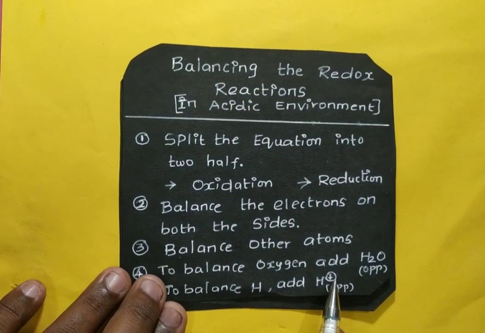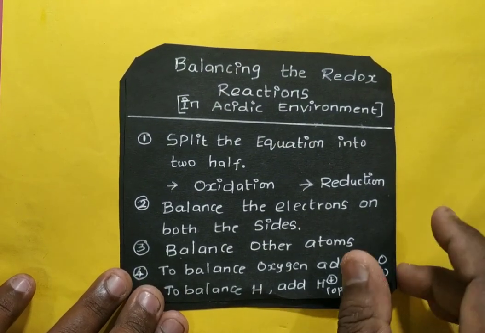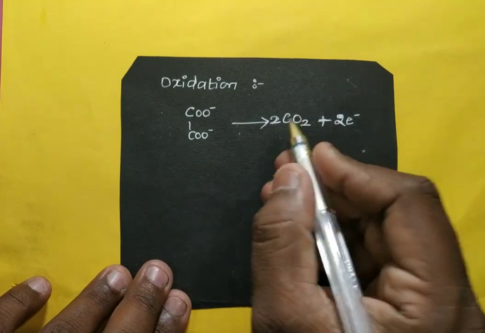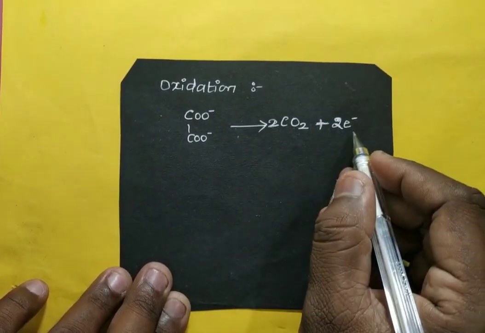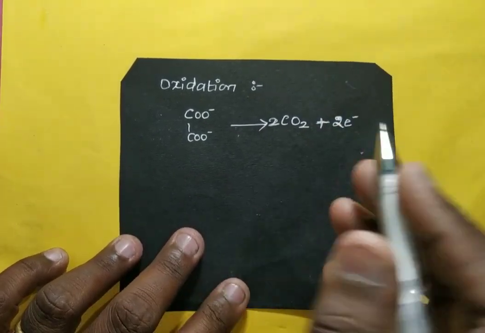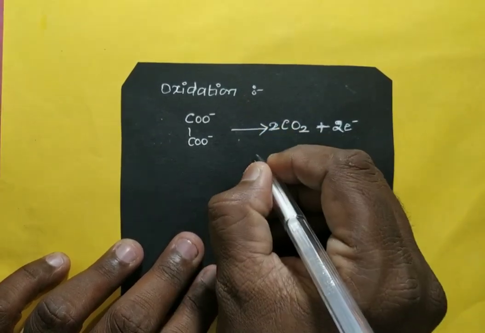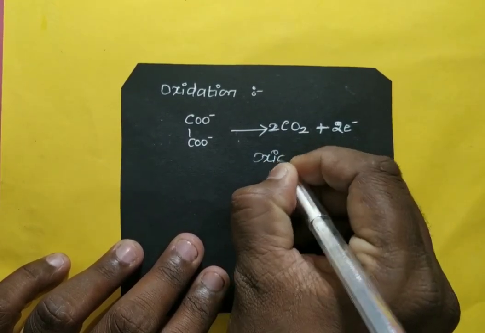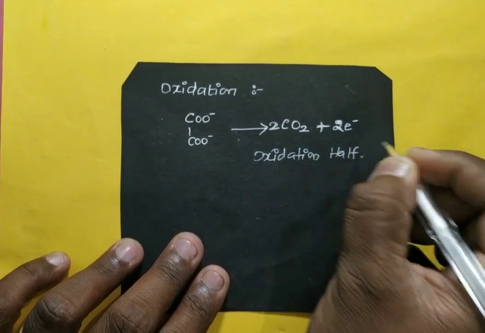Are you able to understand? To balance oxygen, you need not add water, because when you add 2, the oxygen, carbon and electrons, everything is satisfied. That is why everything is balanced. Now I got the oxidation equation, the balanced oxidation half equation. This is called the oxidation half. Are you able to understand, students?